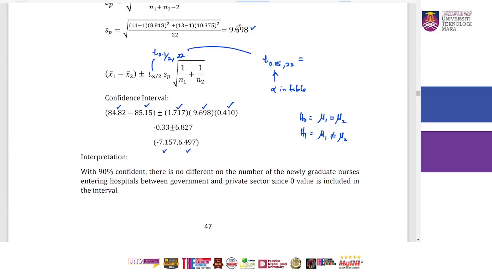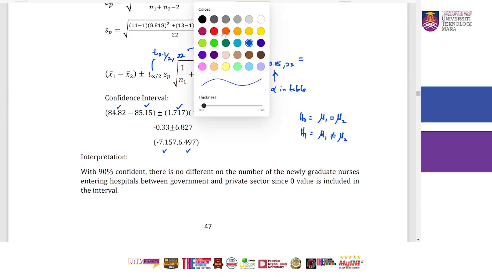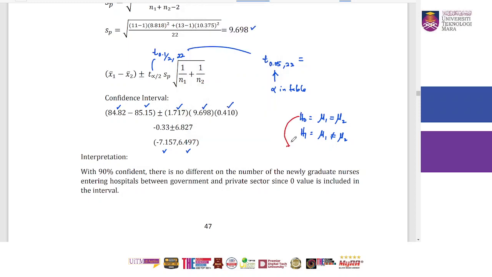If we look through this one, let me get my color. This part, we look at this. So H0 can also be written as mu1 minus mu2 equal to 0.